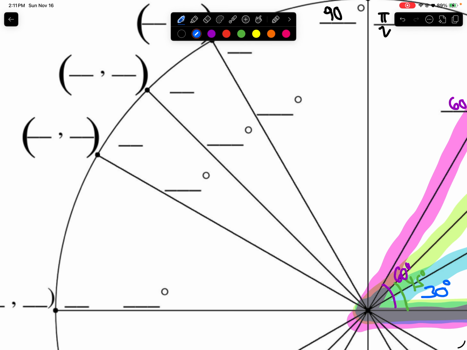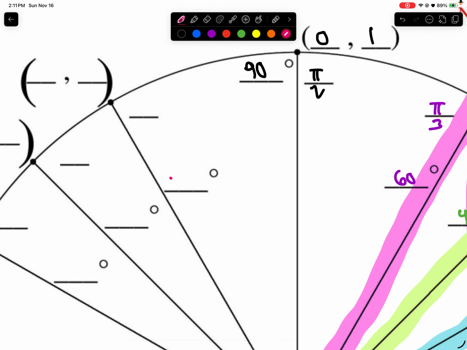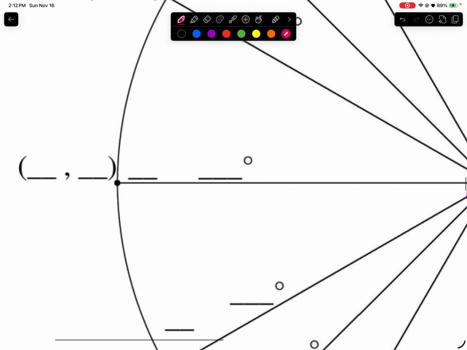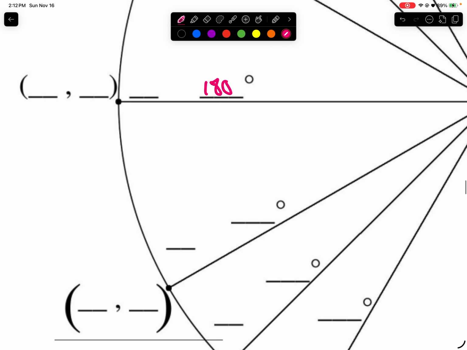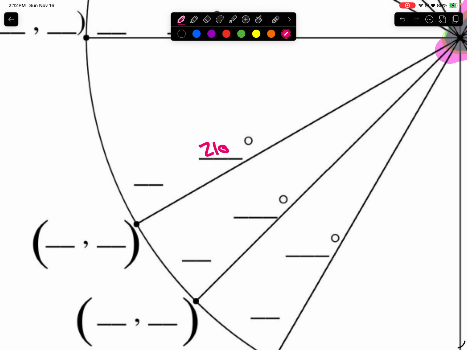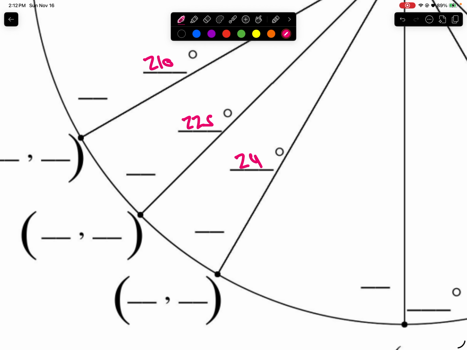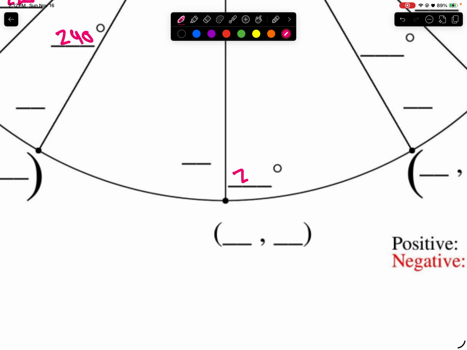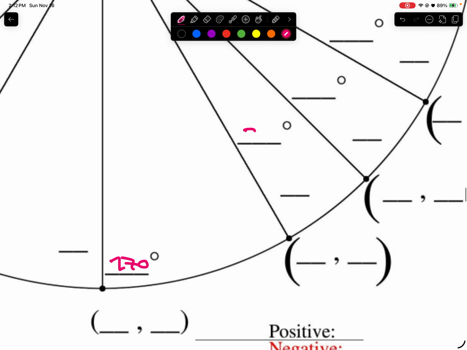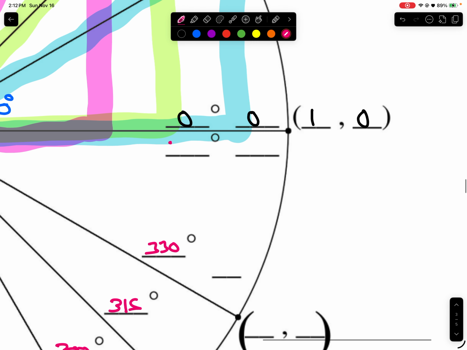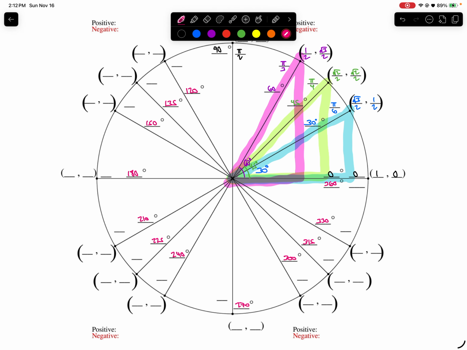So all the degrees is going to be 120, and then 135, and then 150, and then to 180, and then to 210, and then to 225, then to 240, 270, 300, 315, 330, and all the way around to 360 degrees. So there's all your degrees.